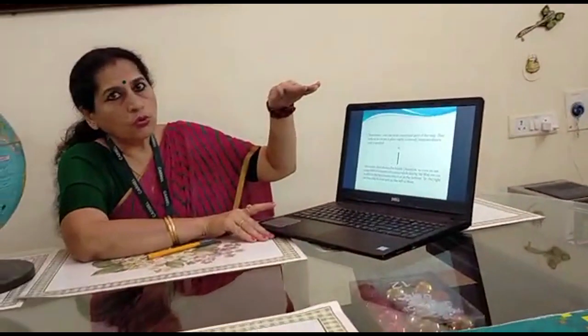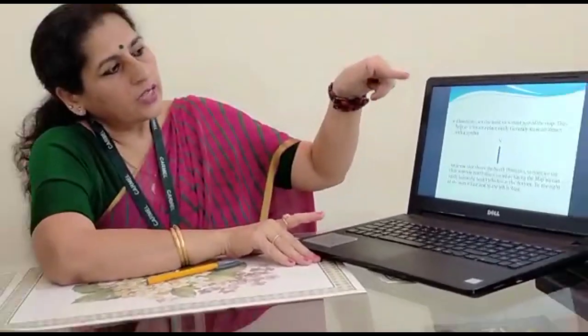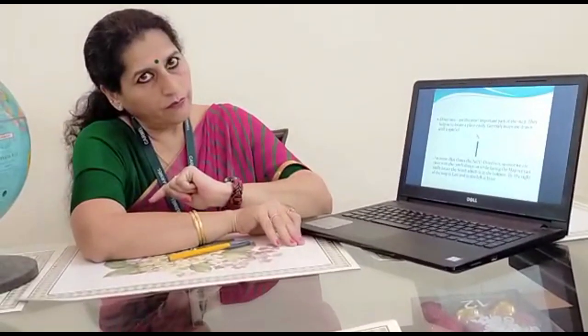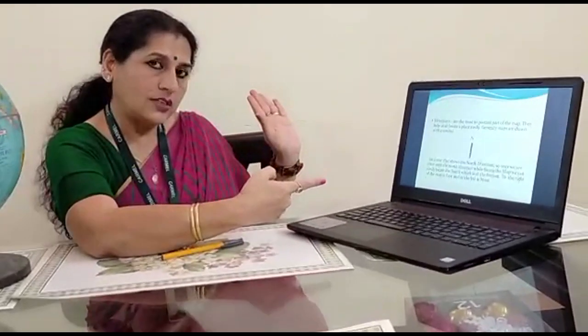Now, once you know the north direction, you are very clear that the opposite at the bottom is the south direction. While you are facing the map, towards your left is the west and towards your right is the east.